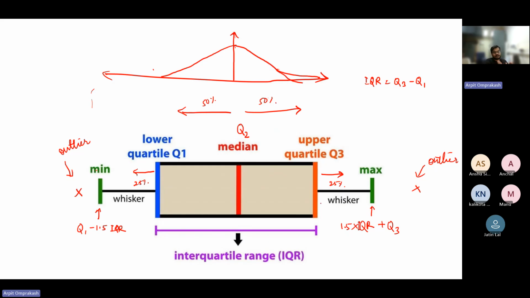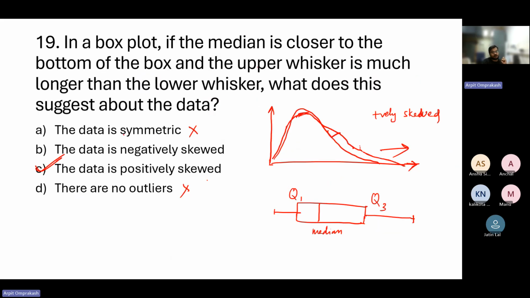So if there is positive skew, what happens is the tail here gets longer. So these things start to come here. Because the tail is longer, the values that you encounter here are more spaced apart. So this goes back and the median clusters or goes towards Q1. So what this basically means is I draw these lines.